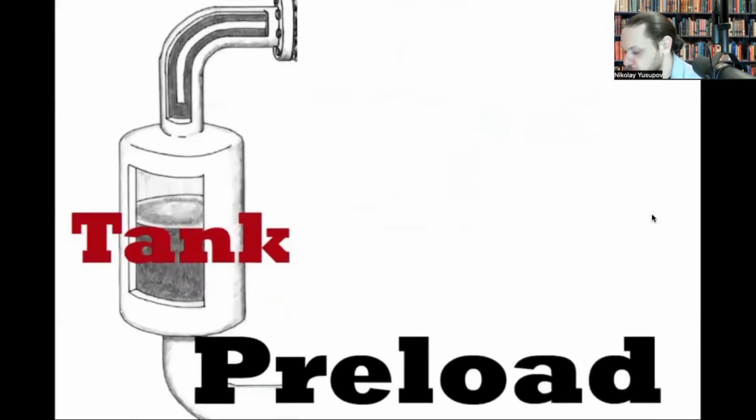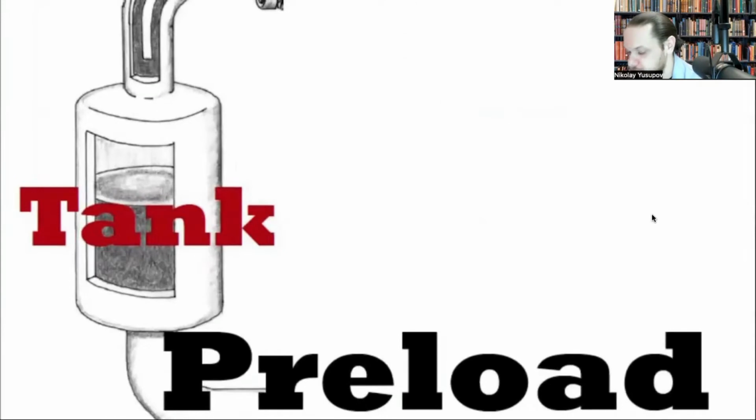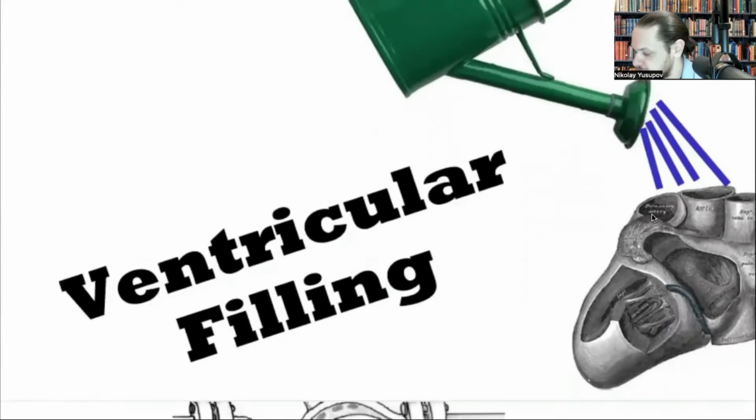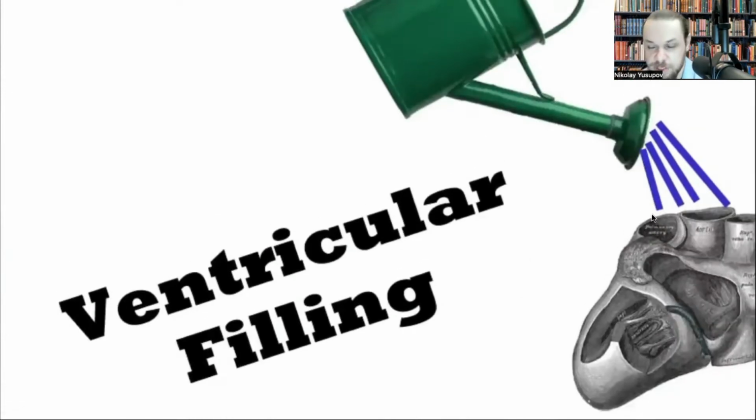So preload, where is it coming from? It's coming from your capacitance vessels, your superior and inferior vena cava. We call it the tank. It fills the ventricles: the preload enters the right atrium, then the right ventricle, and the blood moves forward.